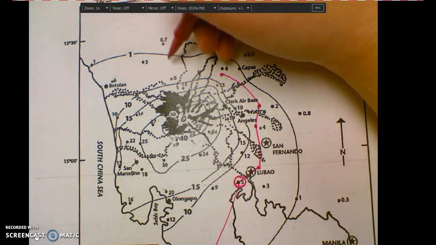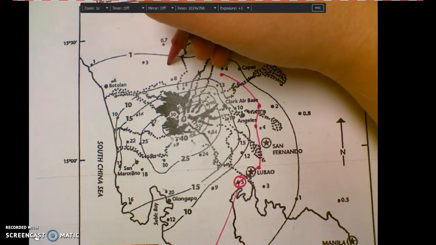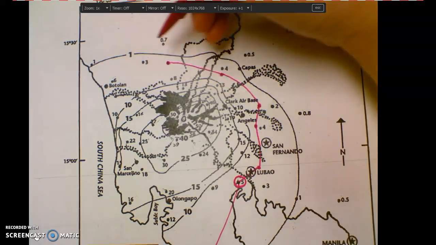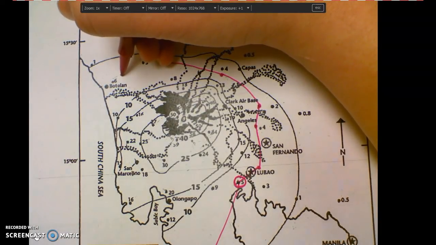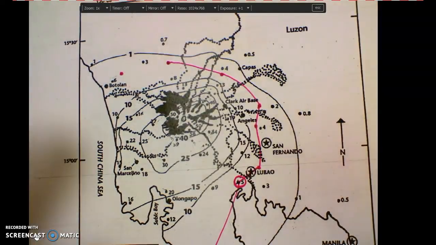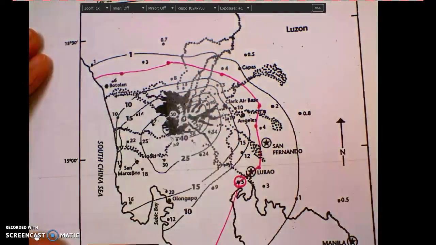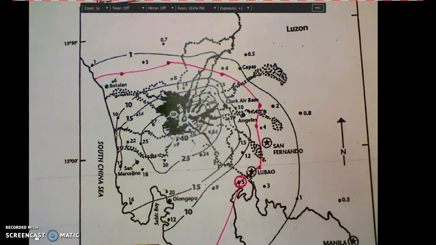Follow it over, 0.7 and 8. There's definitely a 5 almost halfway through there. 3 to 6. Should be a 5 here. And then the line can stop when it hits the ocean, because we can't measure the ash in the sea. So we just end the line where the land ends.